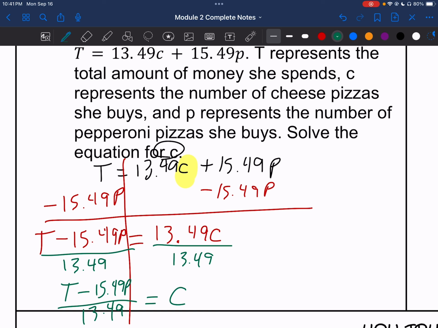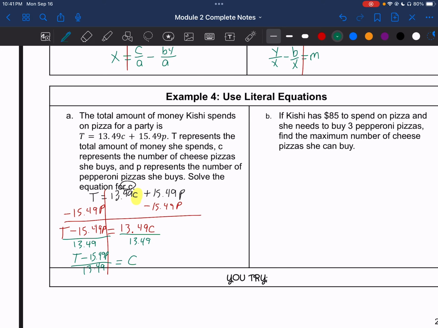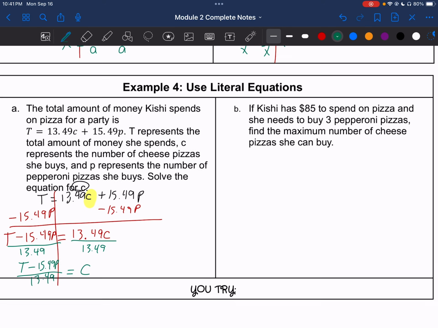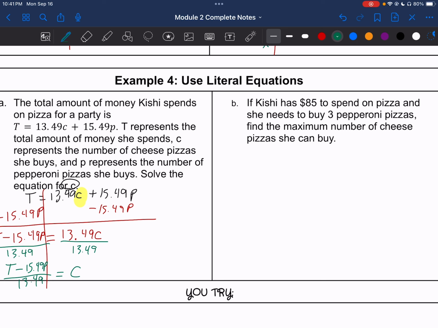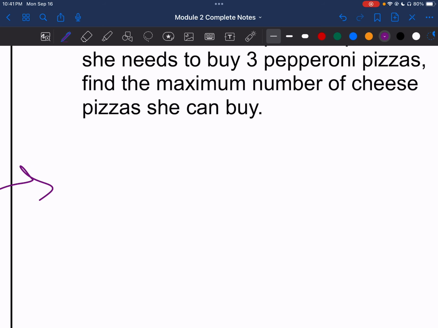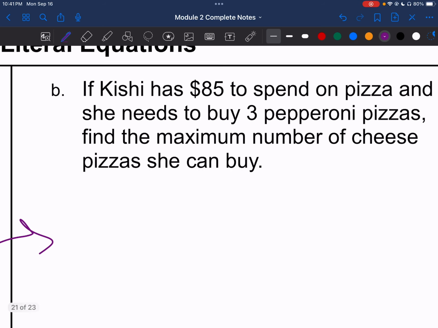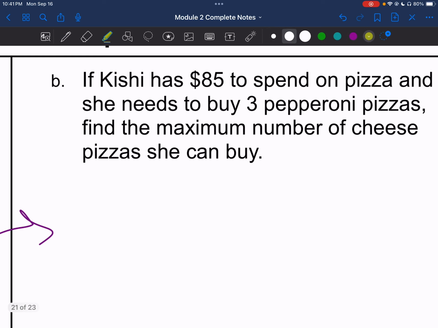So if you had been reading ahead a little bit, you'll see that letter B says if Kishi has $85 to spend on pizza and she needs to buy 3 pepperoni pizzas, find the maximum number of cheese pizzas that she can buy. So we're going to take that equation and we're going to move it over to here. And we're going to substitute in the two pieces of information we're given, which is that we have $85 to spend and there are 3 pepperoni pizzas being bought.